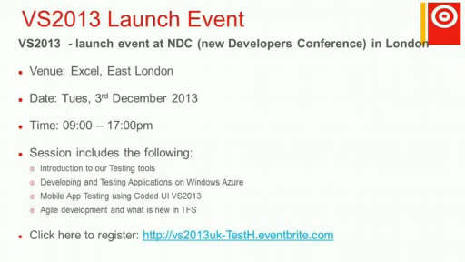There are trials available to download today from the Microsoft website. If you want to buy it and you don't currently have MSDN, you'll have to wait till early December, I think, November even. If I remember rightly, it's on the 11th that you're able to purchase it without MSDN. So that's when it will be available to non-MSDN users.